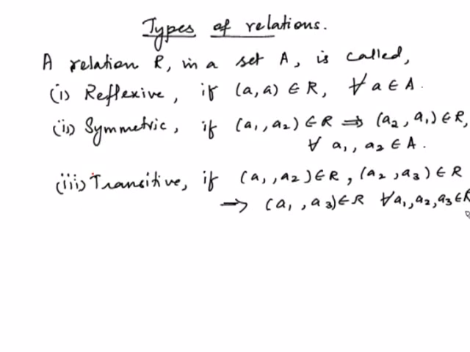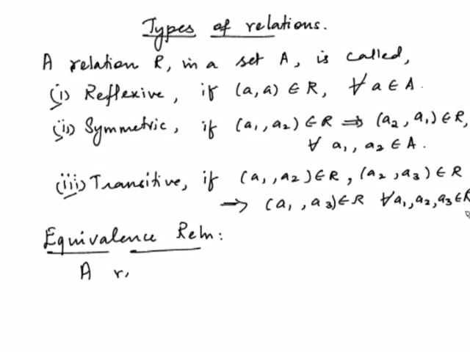So, we have seen three types of relation, namely reflexive, symmetric and transitive. There is something called an equivalence relation. What does this mean?